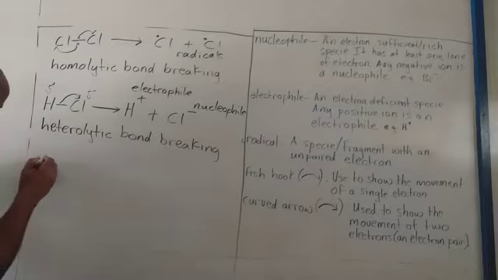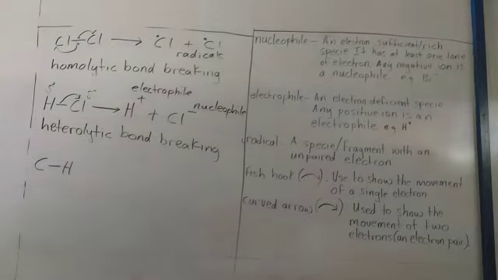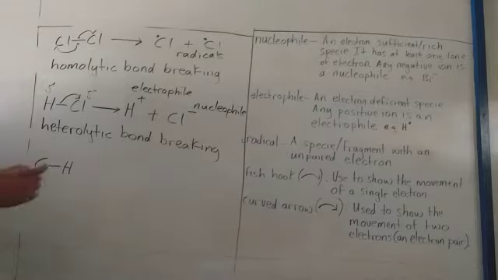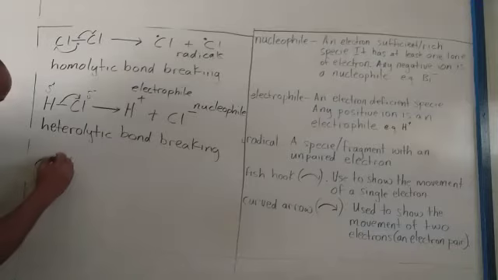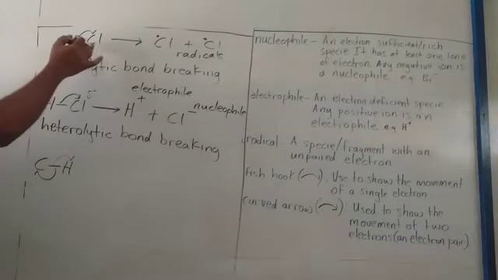One more example of a bond: the carbon to hydrogen bond. Both of these have similar electronegativity. Once the electronegativity is similar, if the bond is going to be broken, it will be broken homolytically. That means one electron for the hydrogen and one electron for the carbon. So you don't need to show the electrons.